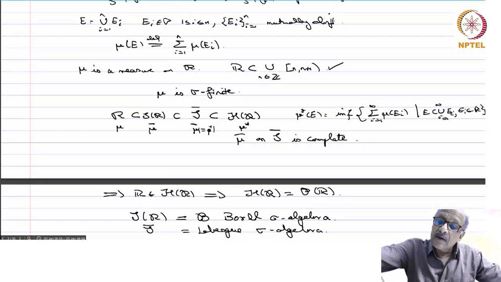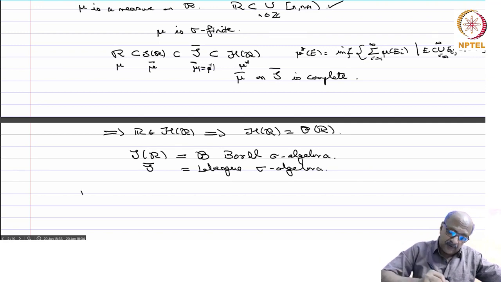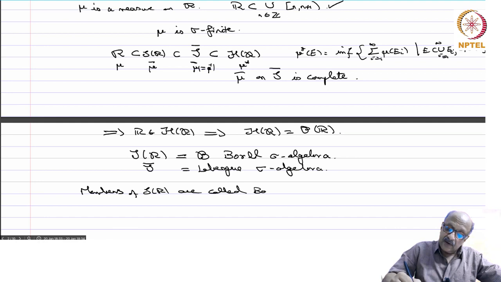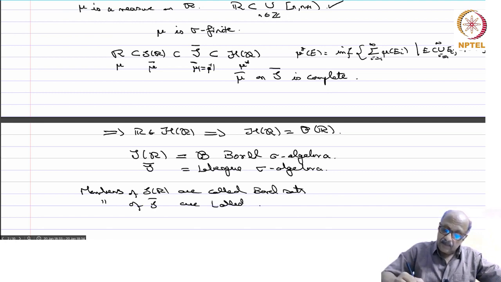Okay, and so the members of S(R) are called Borel sets, and members of S bar are called Lebesgue measurable sets. And mu bar on S bar is called the Lebesgue measure.